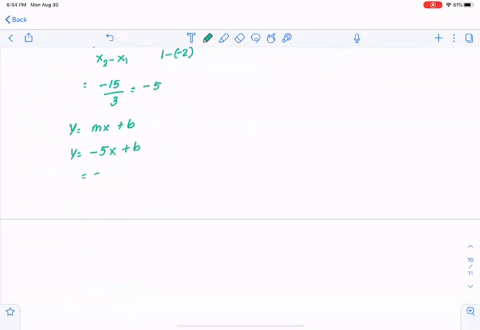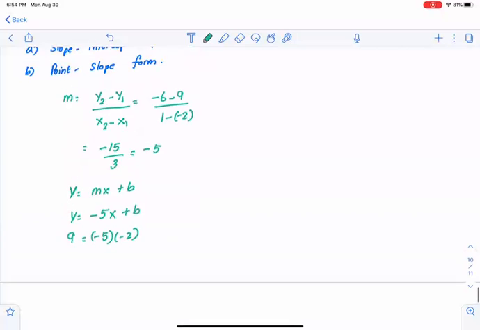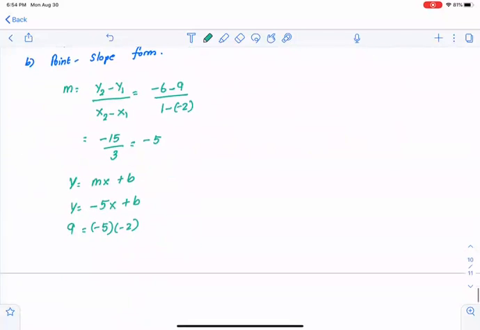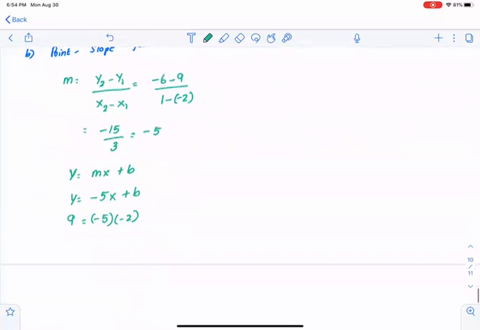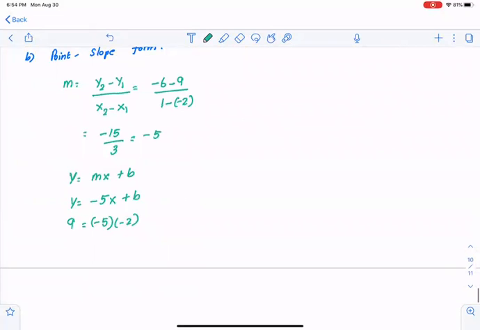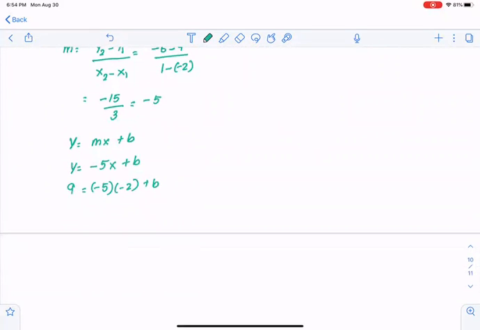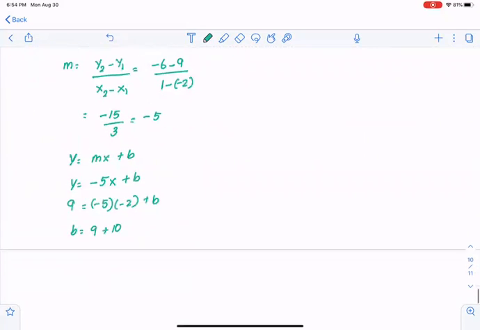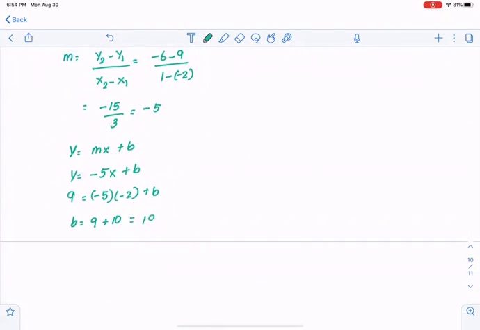So when x is -2, y is 9. So b would be equal to 9. Move the -2 to the other side, we will get 10, which will give us 19.